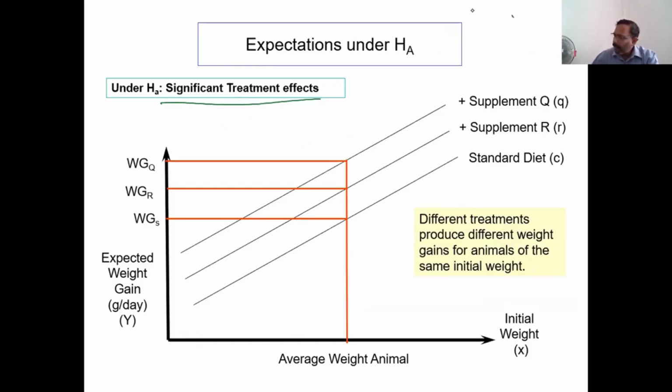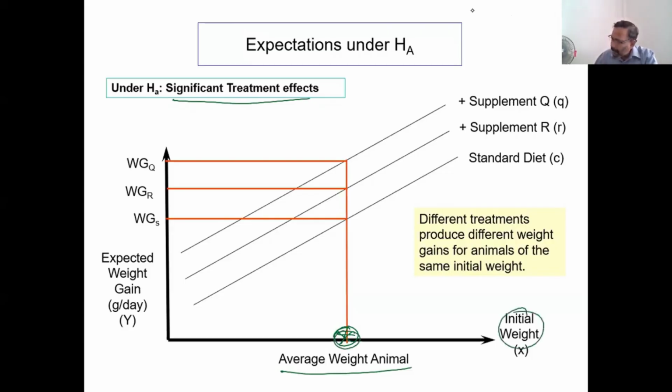That is how we interpret. So under the alternative hypothesis, again the same scenario, theoretically, all 30 animals are coming with the same average, almost closer to the average weight of the animals, right?